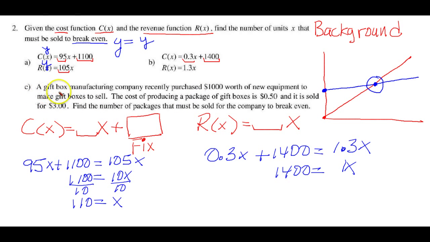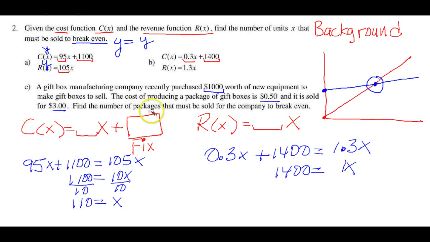Here we have a gift box manufacturing company that recently purchased this much worth of new equipment to make gift boxes to sell. So this is like a fixed cost, an equipment cost. The cost of producing a package of gift boxes is this. That is the material that goes in just to make the box. But you needed this equipment to be able to do it. And it is sold for $3.